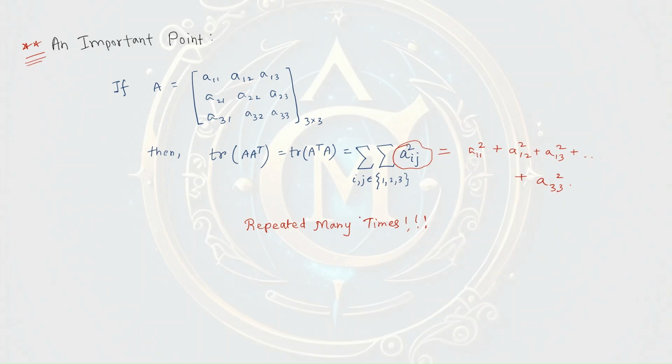This result you need to keep in mind because this particular concept is repeated in many questions of JEE Main and JEE Advanced. So you need to keep it in your tips.